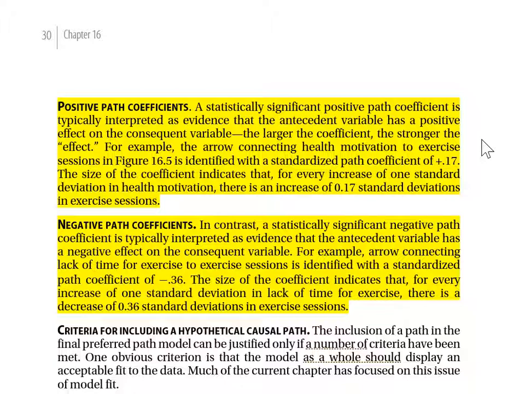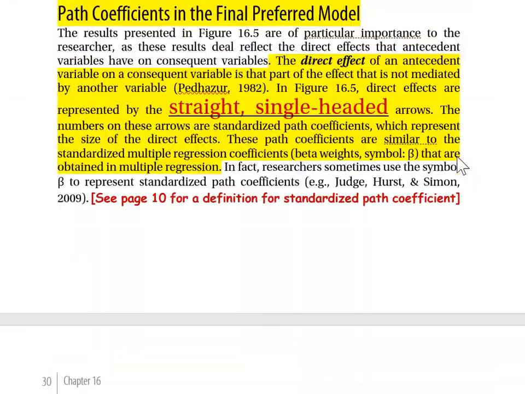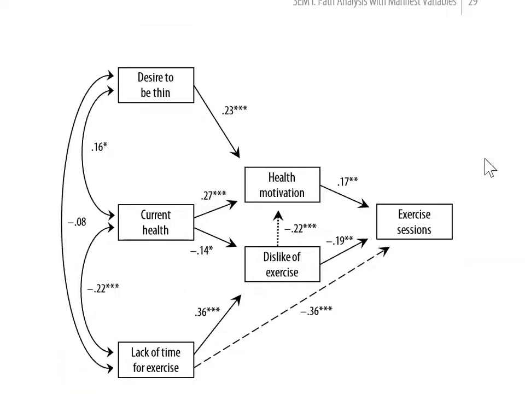For example, the arrow connecting health motivation to exercise sessions in figure 16.5 is identified with a standardized path coefficient of positive 0.17. The size of the coefficient indicates that for every increase of 1 standard deviation in health motivation, there's an increase of 0.17 standard deviations in exercise sessions. What's he talking about? Look at the figure.